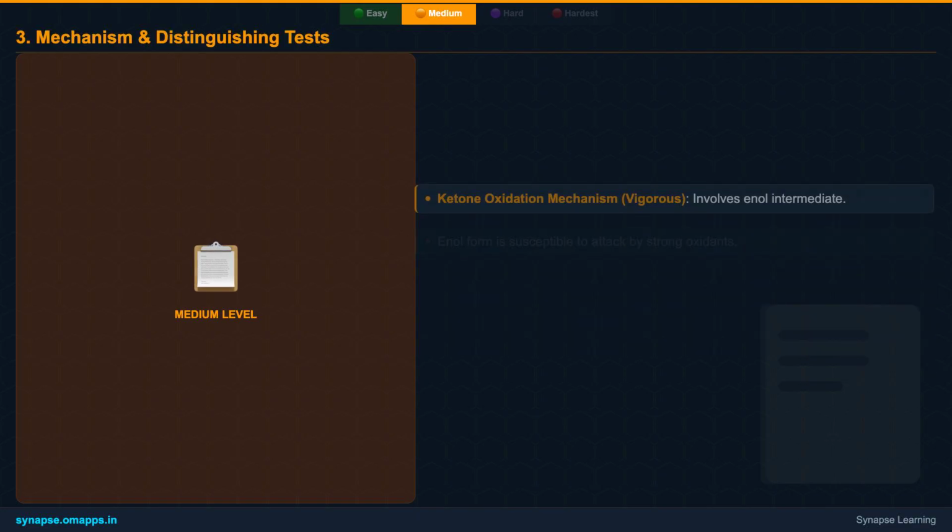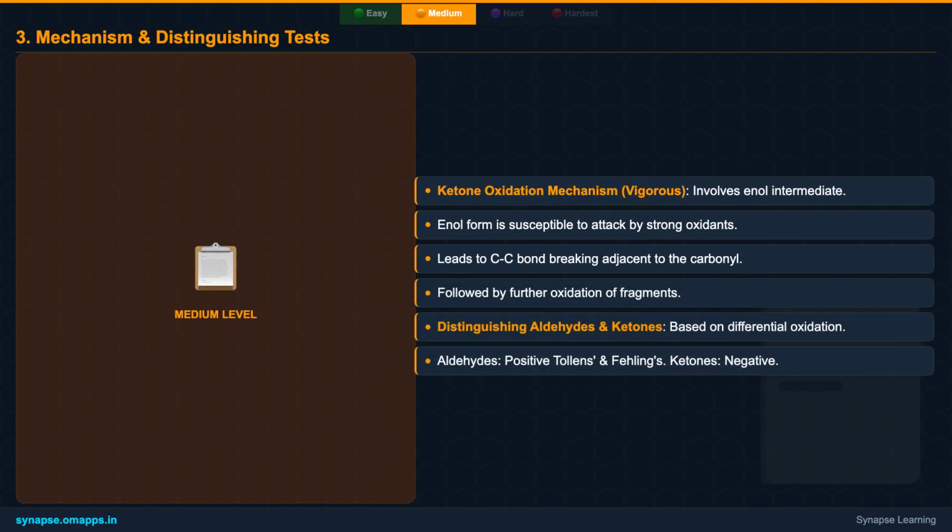The mechanism behind ketone oxidation under vigorous conditions often involves an enol intermediate. Under acidic or basic conditions, the ketone can tautomerize into its enol form. This enol is more reactive and susceptible to attack by the strong oxidizing agent.